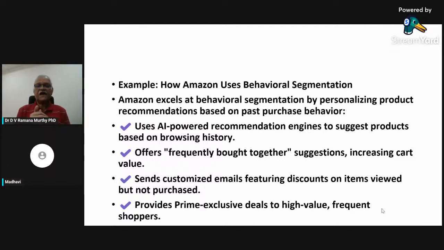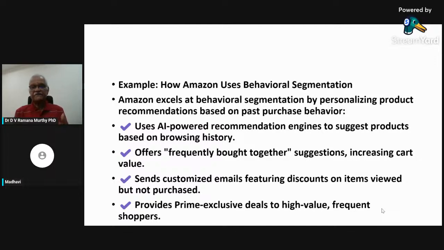Now let's examine how Amazon uses this kind of segmentation. A very beautiful case again. Amazon uses behavioral segmentation. Amazon excels at behavioral segmentation by personalizing product recommendations. I've already told you, there are AI powered recommendation engines to suggest products based on browsing history.